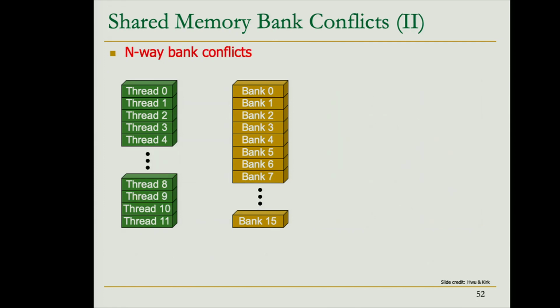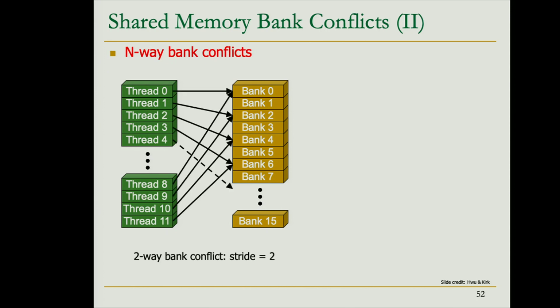This is an example of n-way bank conflicts. For example, 2-way bank conflicts. When does it happen? When we have a stride 2, for example, we have thread 0 accessing A0, thread 1 accessing A2, so thread 2 accessing A4, and so on. This is what is going to happen when we write in our code A[2 times thread ID].